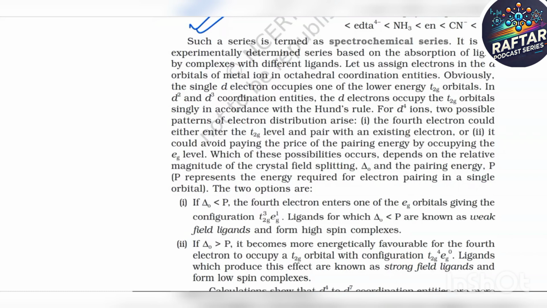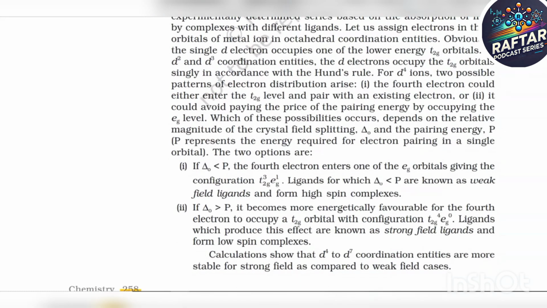Let us assign electrons in the d orbitals of metal ions in octahedral entities. Obviously, the single d electron occupies one of the lower energy t2g orbitals in d1, d2 and d3 coordination entities. The d electrons occupy the t2g orbitals singly in accordance with Hund's rule. For d4 ions, two possible patterns of electron distribution arise.